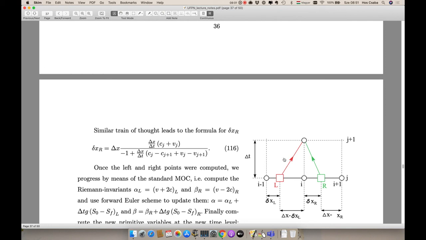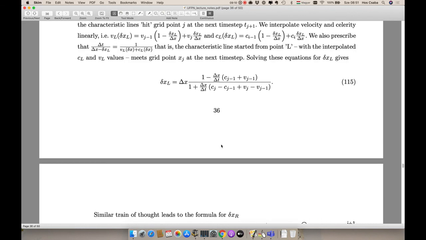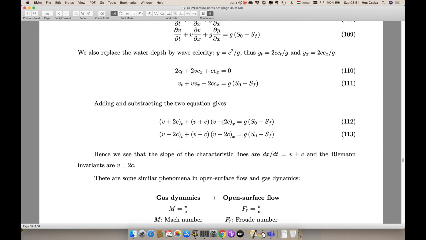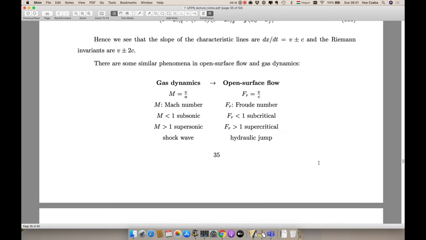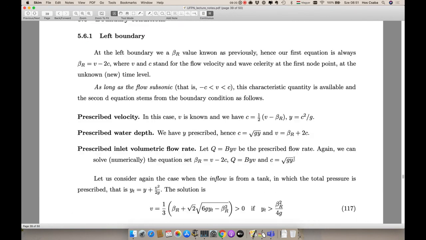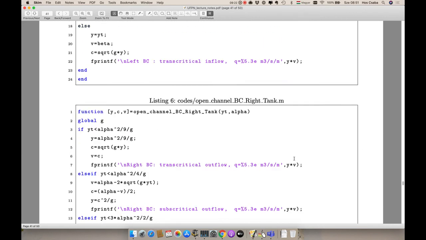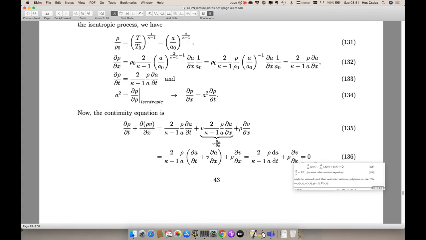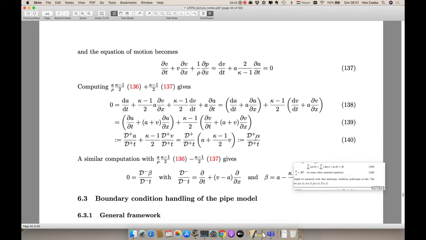It's just that the characteristic quantities alpha and beta are different, because it's not V plus or minus 2C as it was here, but these quantities with kappa in them.